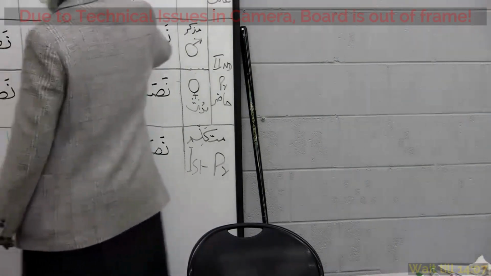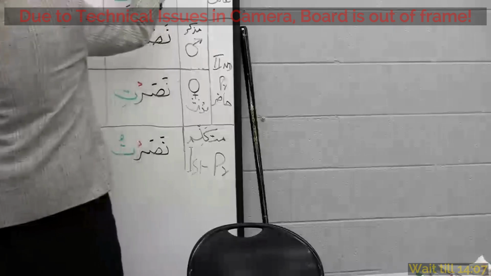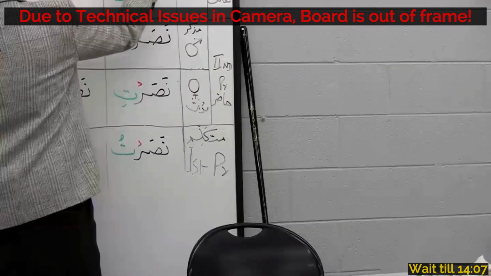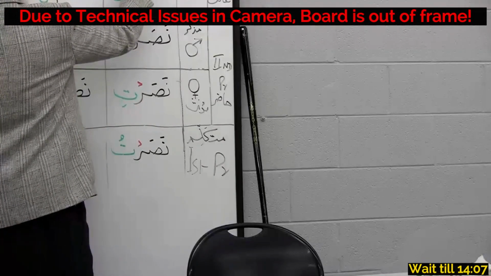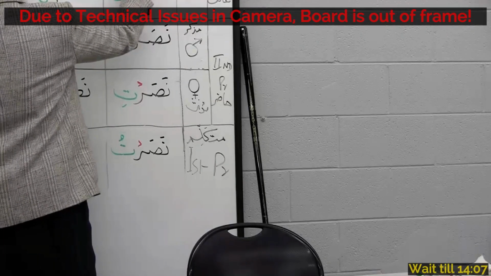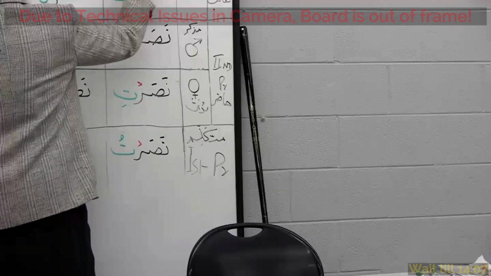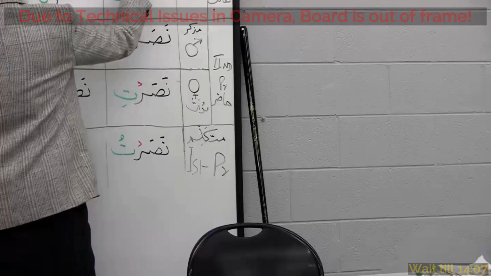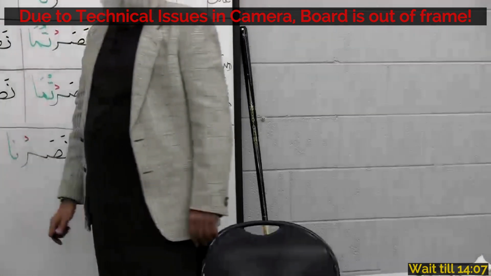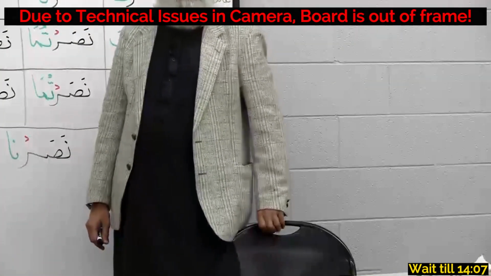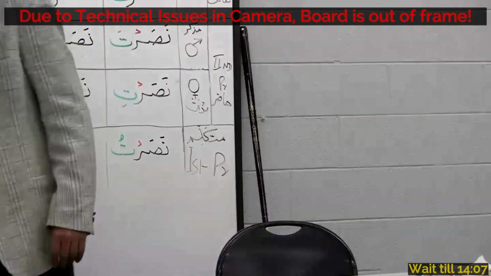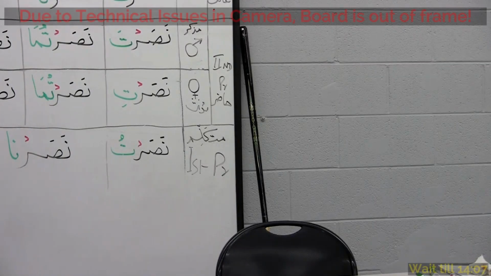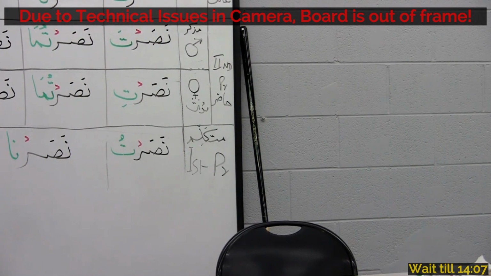For example, Nasir will be helper, Qatil would be killer, Ja'il would be producer, Fatih will be opener, Qa'id would be the sitter, Jalis the sitter, Darib will be the striker, Wasil will be the joiner.